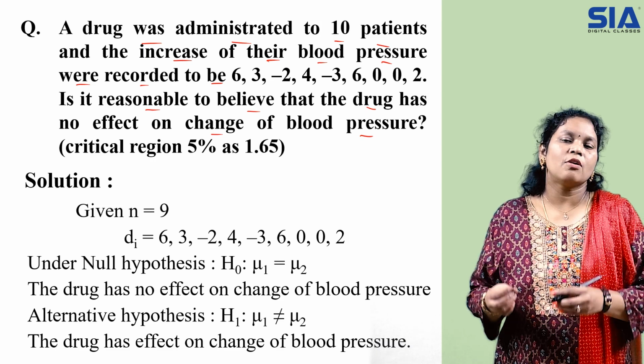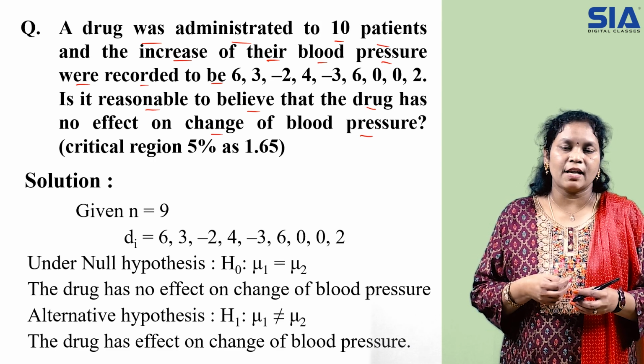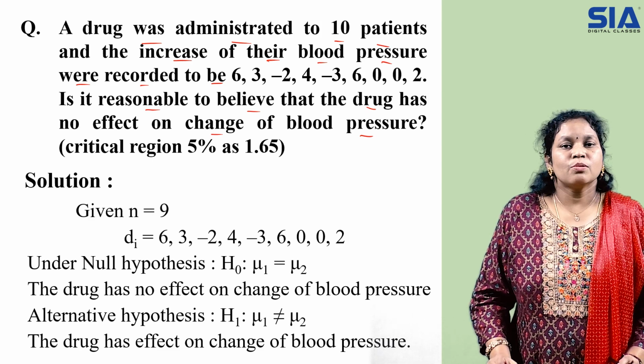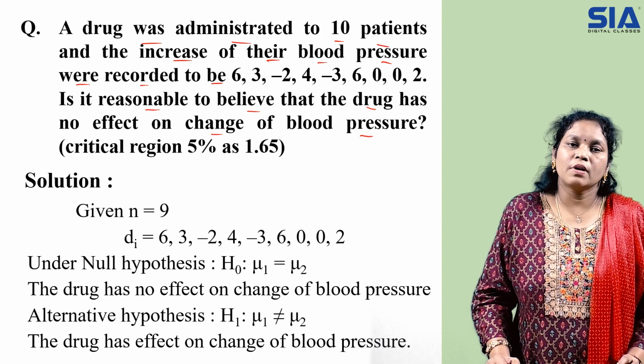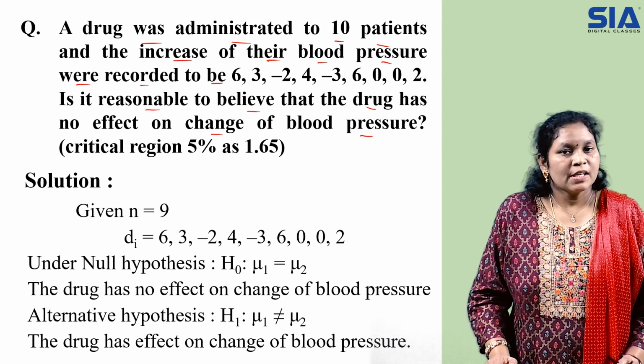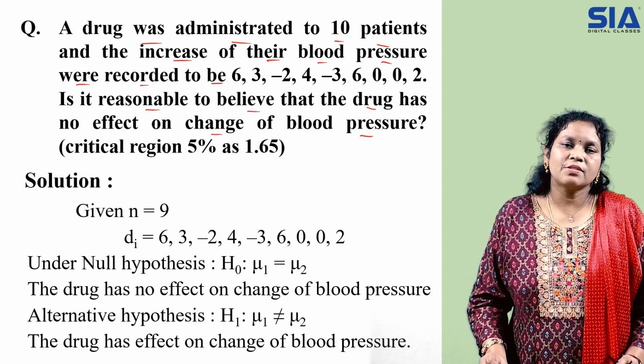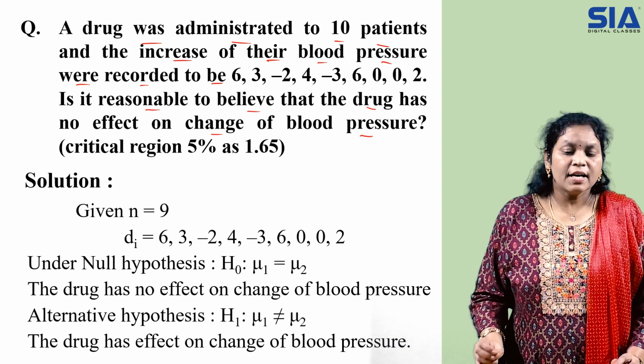Means whatever the recordings we got, that is di values, means the difference of two values, before and after values. So such data we have to consider for t-test. So you need to understand the data properly, question properly. So in this way we conclude that for the t-test.